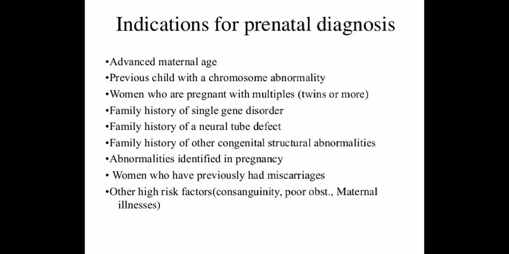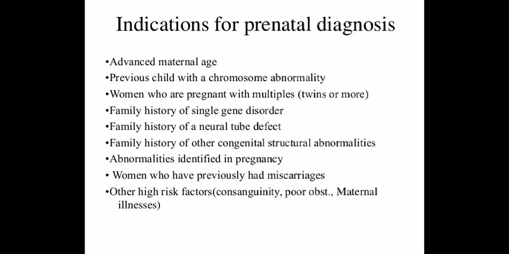Next is family history of other congenital structural abnormalities. There are various congenital abnormalities which we will be discussing in our next explanations. I will give some examples of congenital structural abnormalities, like neural tube defect, anencephaly, encephalocele. If there is any family history of these conditions, we have to definitely go for prenatal testing in the mother.